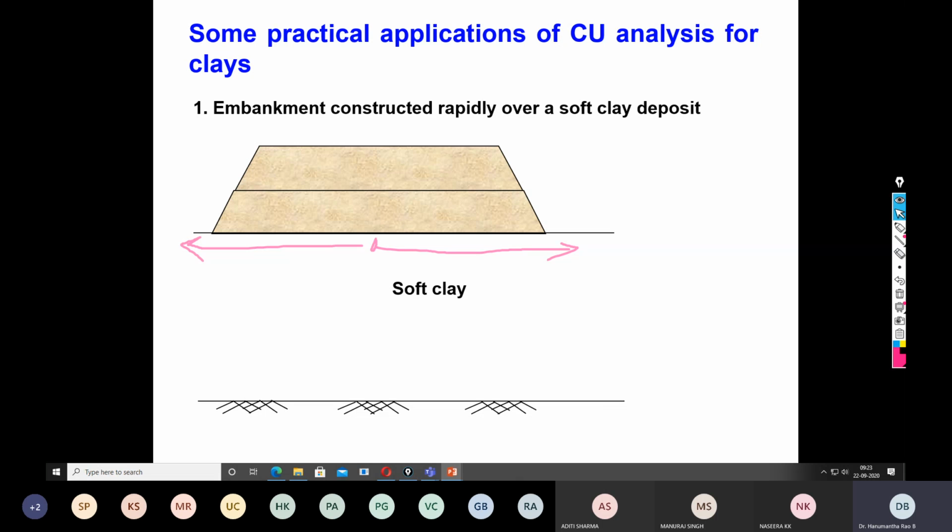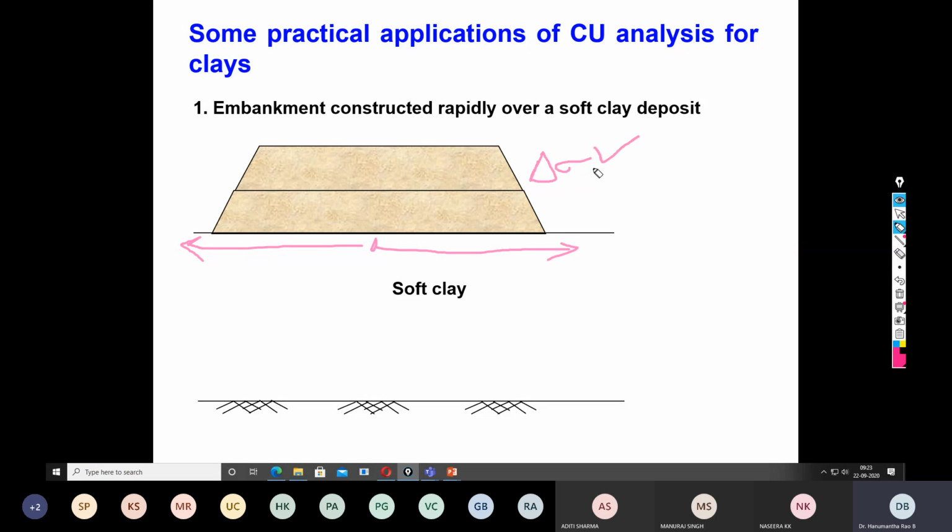Okay. Now say from the day the filling is over, the amount of load, that is delta sigma, remains constant, and the load is causing the consolidation of the soft clay.